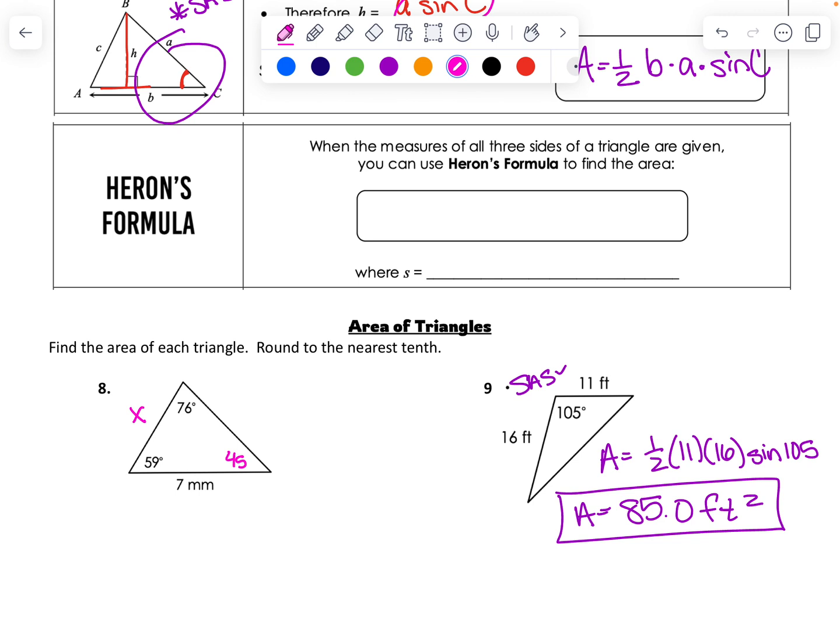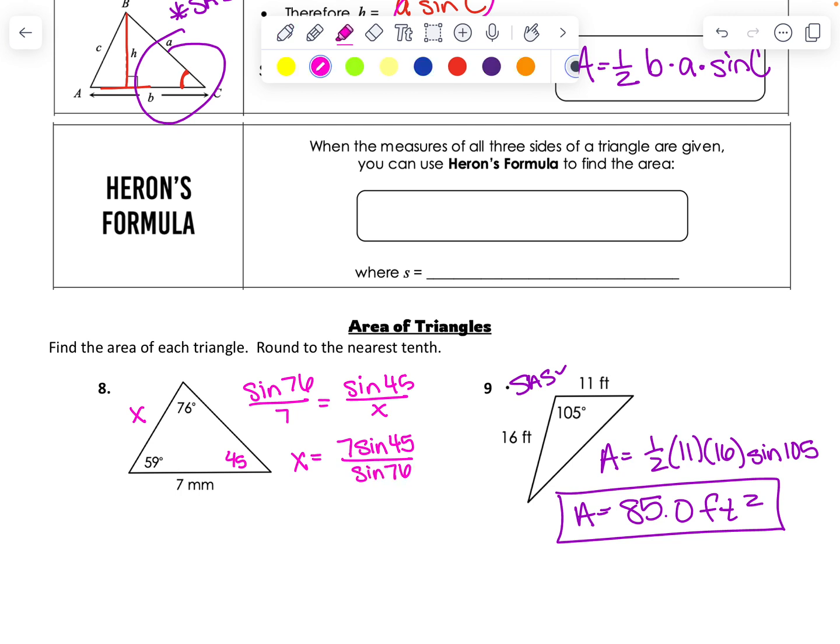So the sine of 76 over 7 is going to be equal to the sine of 45 over x. Cross multiply and solve for x, and you should get that x equals 7 sine of 45 over sine of 76.